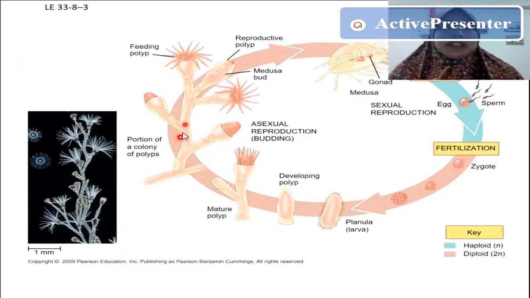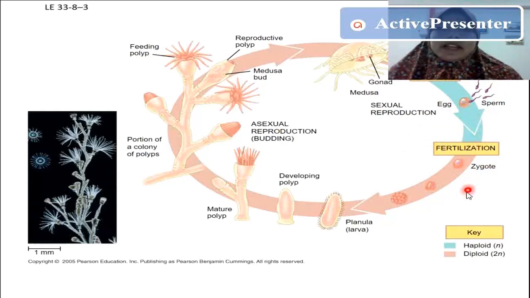This one shows the life cycle of a jellyfish, a cnidarian. They might undergo both sexual reproduction and asexual reproduction by budding. The adult medusa will produce gonads, eggs and sperm, which undergo fertilization.